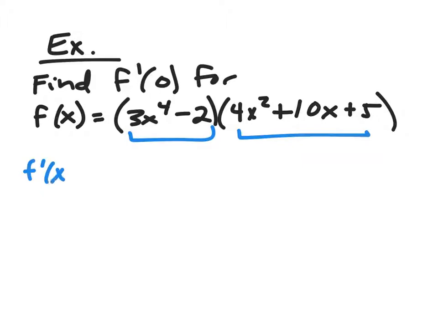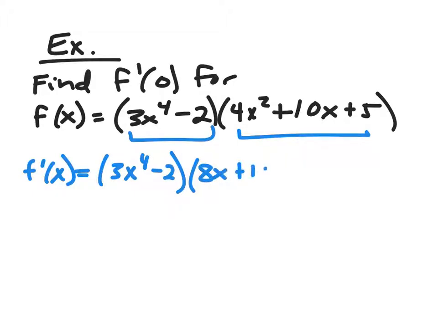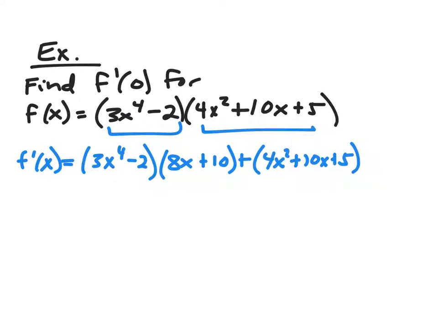So f prime of x would equal the first, which is 3x to the fourth minus 2, times the derivative of the second, which is 8x plus 10, plus the second, so 4x squared plus 10x plus 5, times the derivative of the first. Well, the derivative of 3x to the fourth minus 2 goes to 12x cubed.